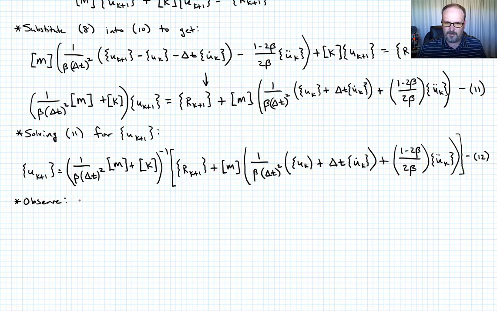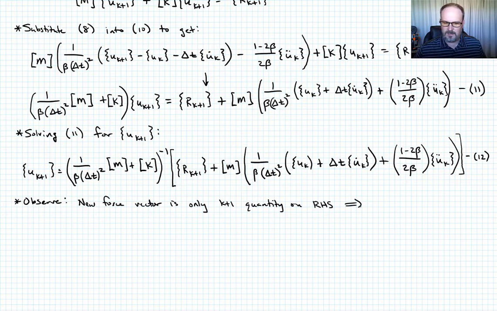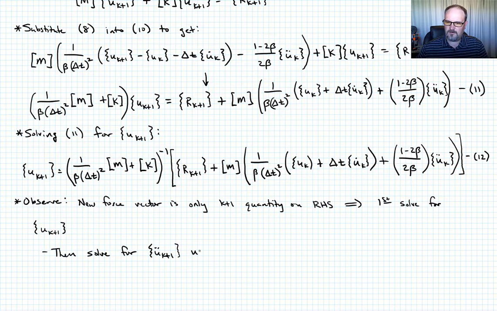So observe that the new force vector is the only k plus 1 quantity on the right-hand side. What that means is that the first thing we'll do in our analysis at every step is solve for u_{k+1}. Once we have that, we can solve for u double dot of k plus 1 using equation 8. Once you have that, you're going to solve for u dot k plus 1 using equation 4.